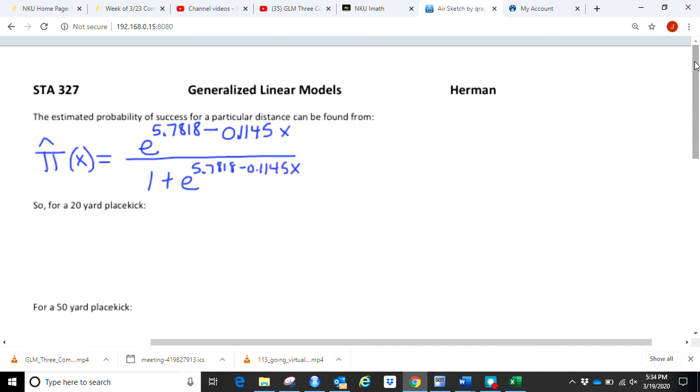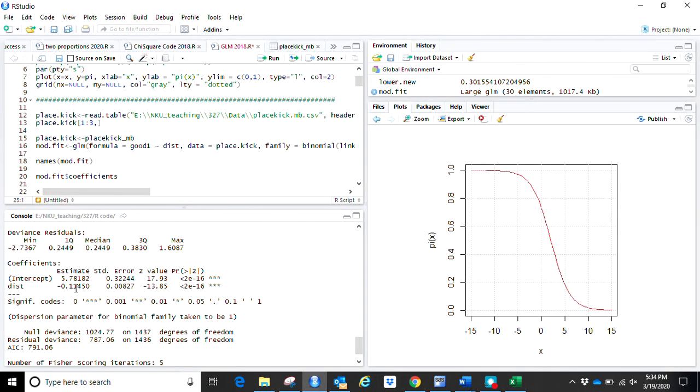So again, that's just using those values from our output, the alpha hat and the beta hat.